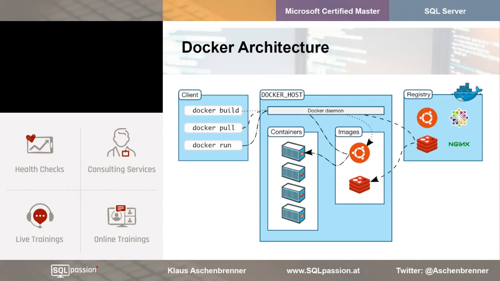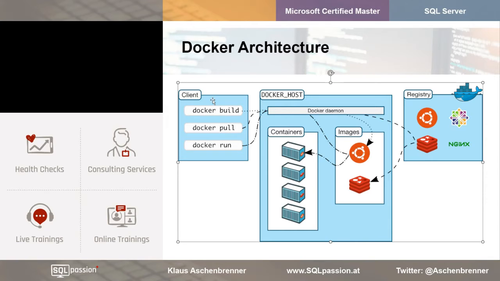So let's talk a little bit about the Docker architecture. First of all, when we look here, we have the client. The client interacts with a Docker host, and first of all, you have to run Docker itself. Means on the Docker host, you have a so-called Docker daemon, which is just a background service. And with that background service, you can interact, for example, with the command line.